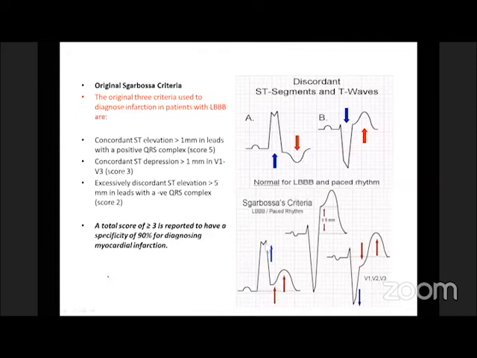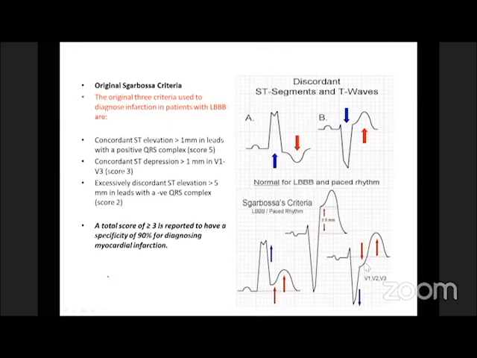According to Sgarbossa criteria, if you have a concordant ST segment elevation more than 1 millimeter in leads with positive QRS complex, like in this lead, it is very significant. And if you have concordant ST depression more than 1 millimeter in V1, V2, V3, also it is very significant.